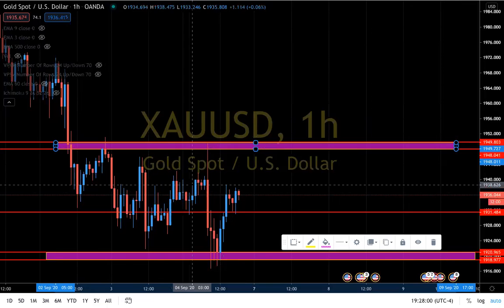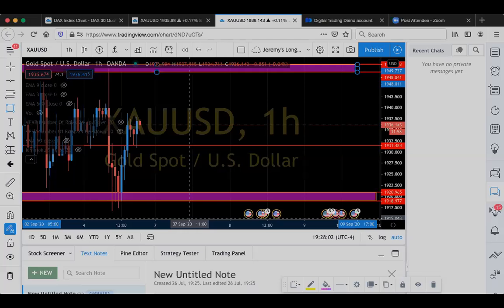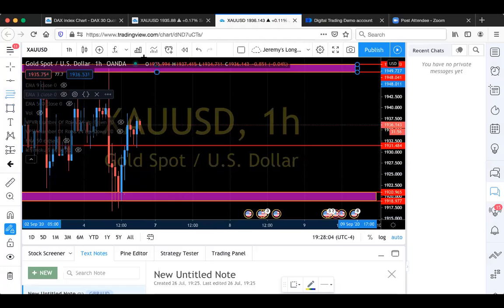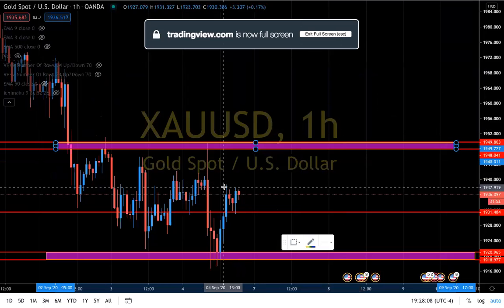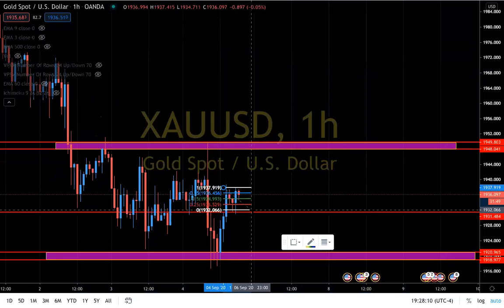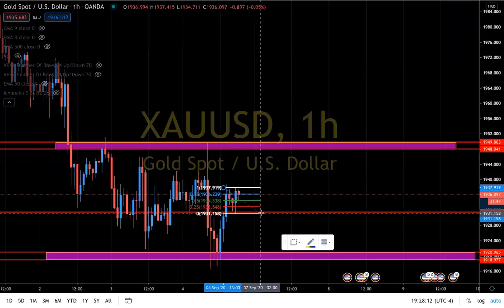If you look at this, I'm just going to show you this Fibonacci on this candle right here. This is a little candle right here, and let's see where it retraced to. You see that? It retraced down to the 50, right on point.